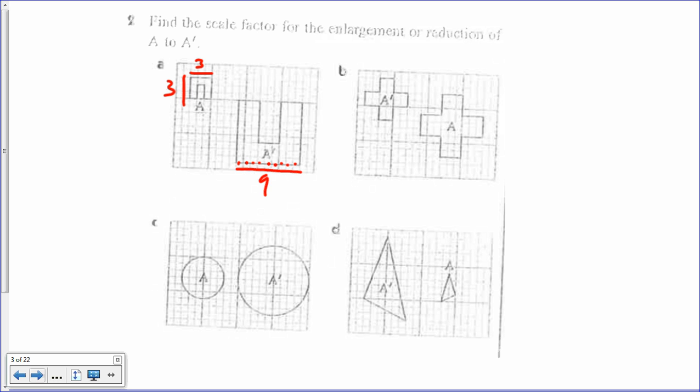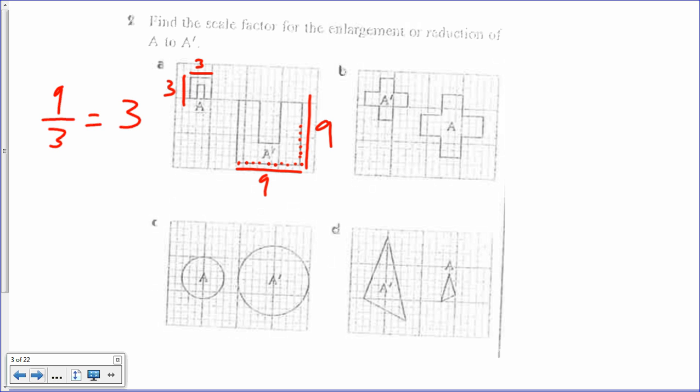So we've got 9 squares there, and therefore we're going 9 over 3. That gets me the answer of 3, so it's an enlargement of 3.